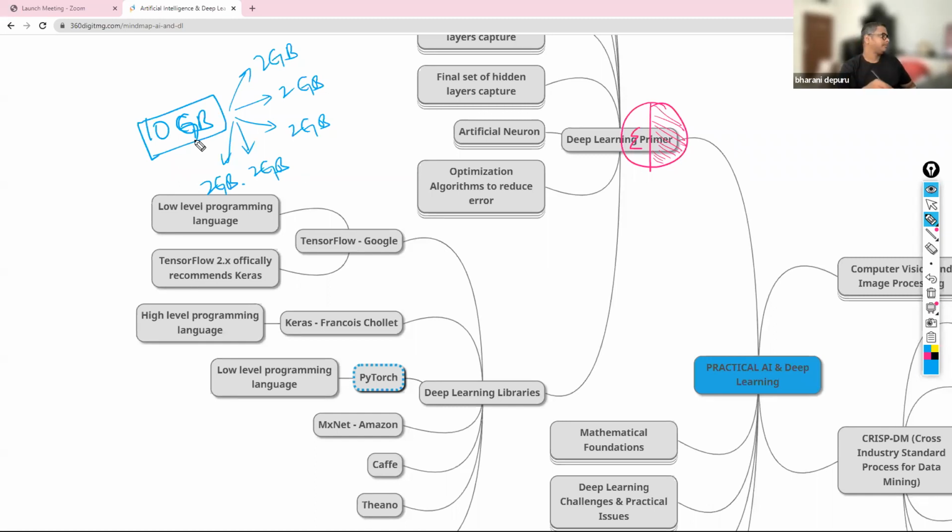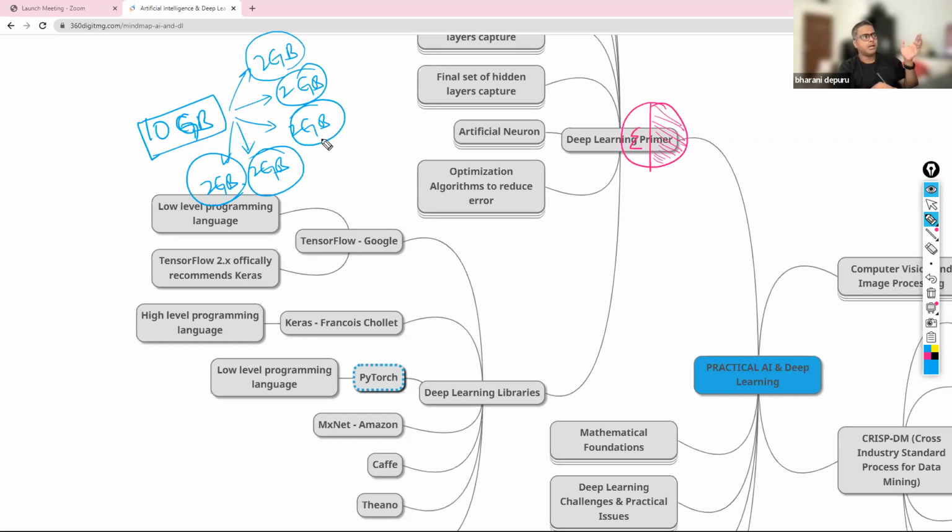Okay. So, 2 GB, 2 GB, 2 GB, 2 GB. Now, if you have data in multiple computers, the data is distributed. It's not in a single computer. It is distributed among all the available computers or servers.